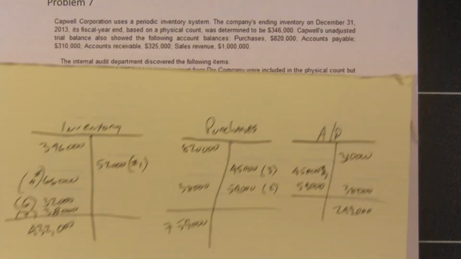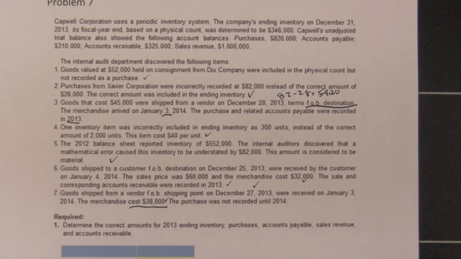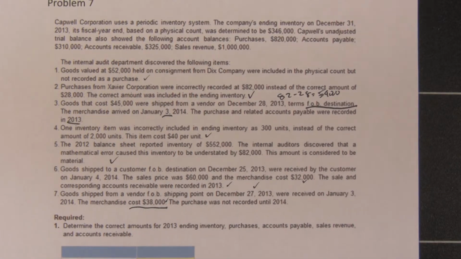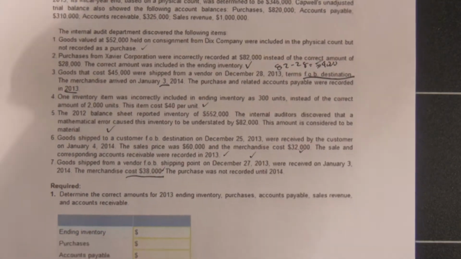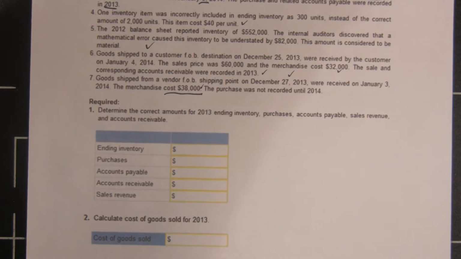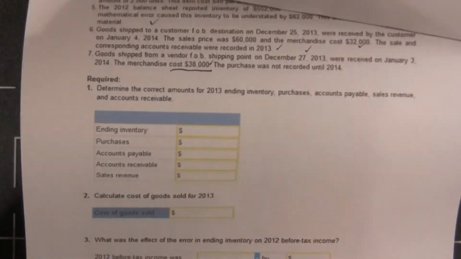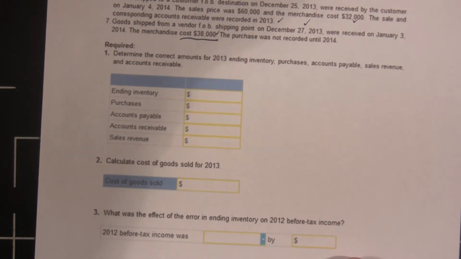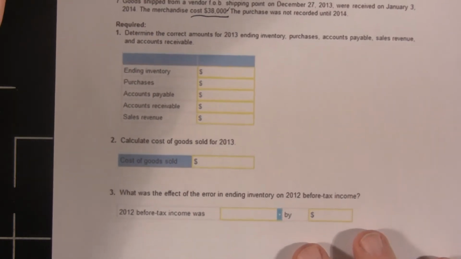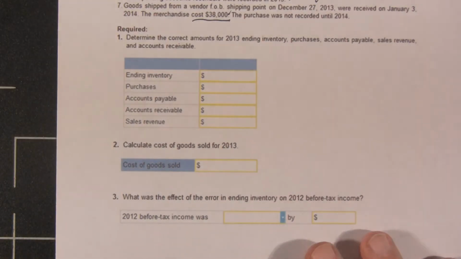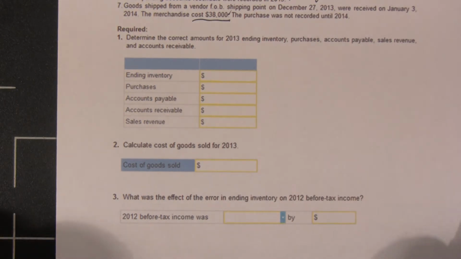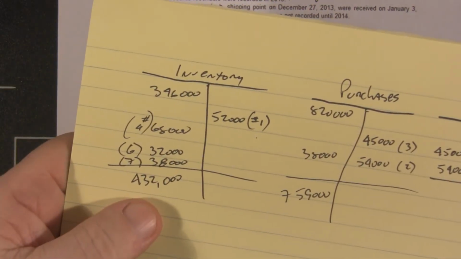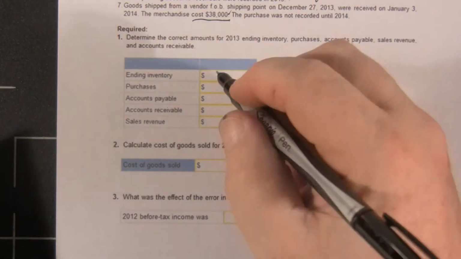So we've done that piece. Now that we've essentially finished the problem, let's go fill in the blanks. So our ending inventory is $432,000.